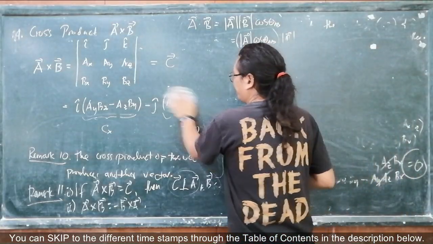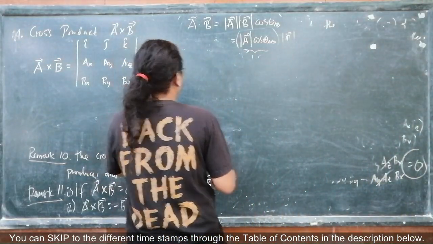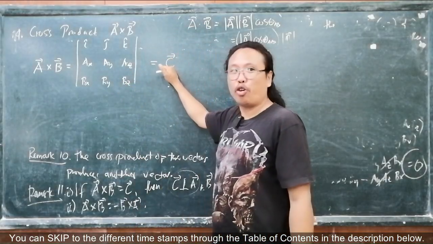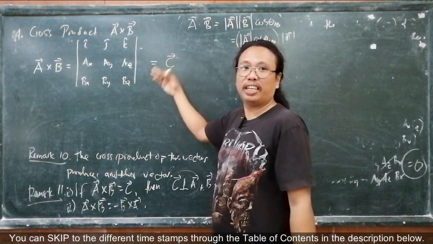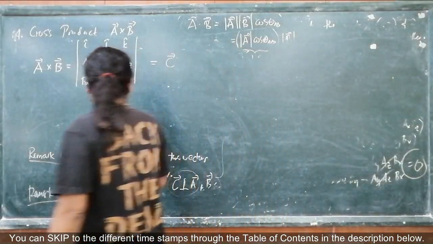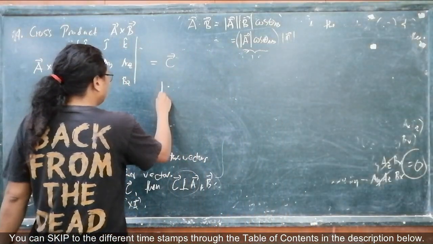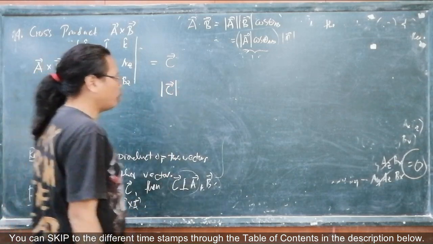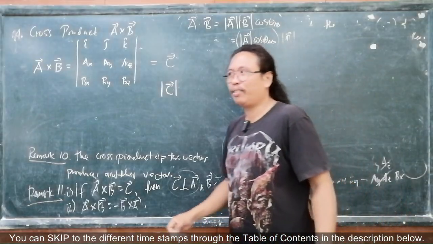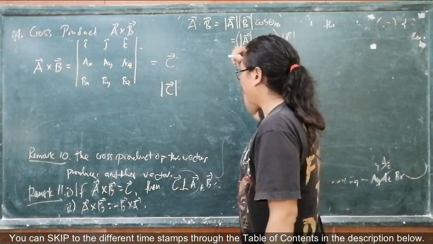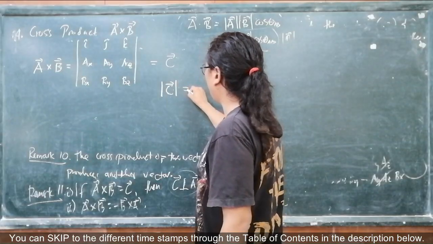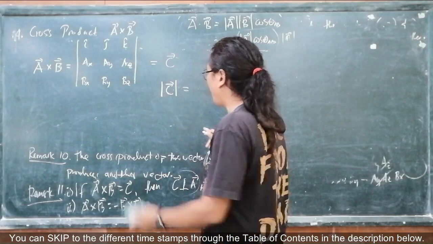What's the magnitude of C now? This is the vector form. I can now add the scalar form of the cross product. I'm not going to prove this one here because the proof is quite tedious, and it's not basic; it's quite advanced.